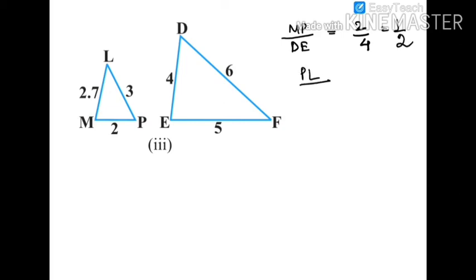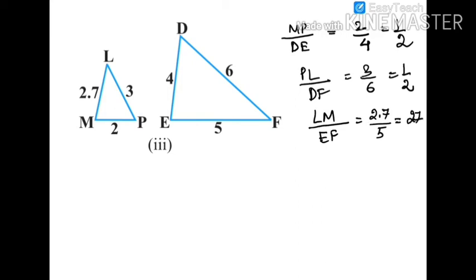PL upon DF is equal to 3 on 6, which is 1 on 2. So the remaining side is LM of the first triangle and EF of the second triangle. We get 2.7 on 5, which is equal to 27 on 50.